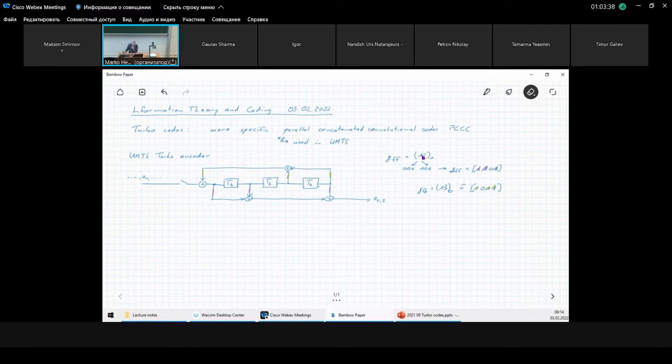So here we have a question from Kazan. If the feedback generator is 0, then the feedback will be after the first memory. What if the feedback generator starts with 0?